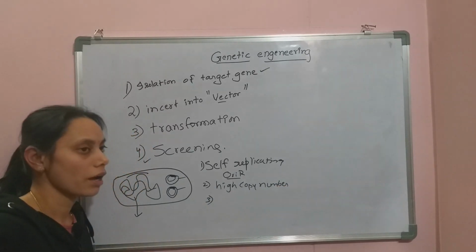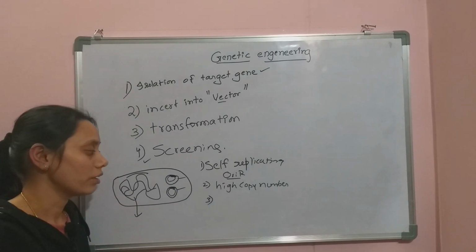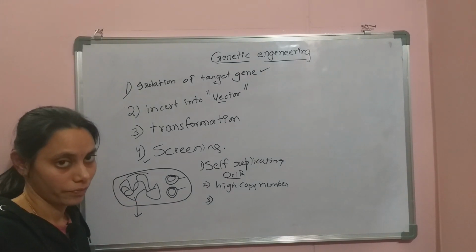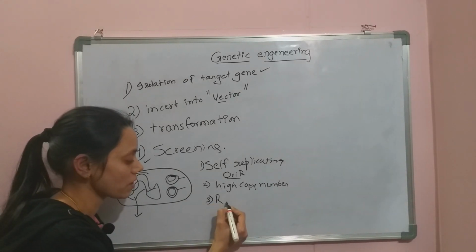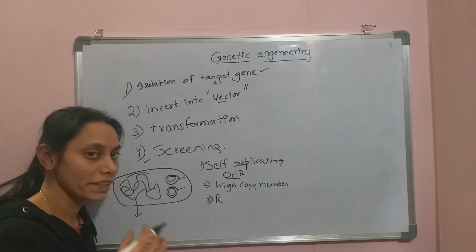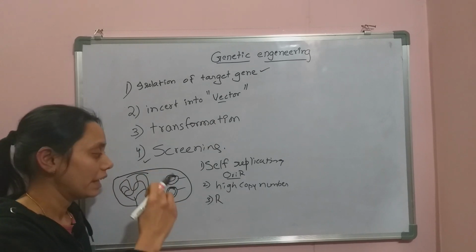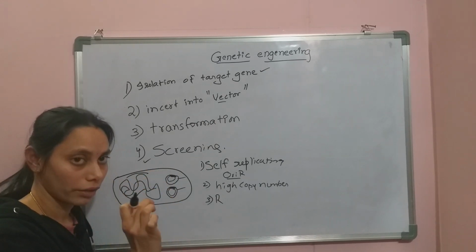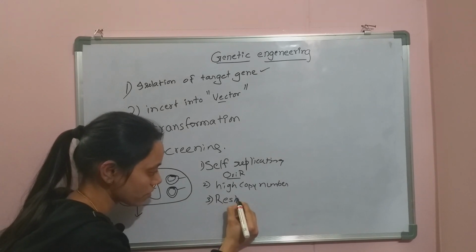Thirdly, it must have restriction enzyme sites so that it can be easily cut. So, recognition sites for different restriction enzymes. These are also called cloning sites because we can clone our target DNA at that particular part. So restriction sites.